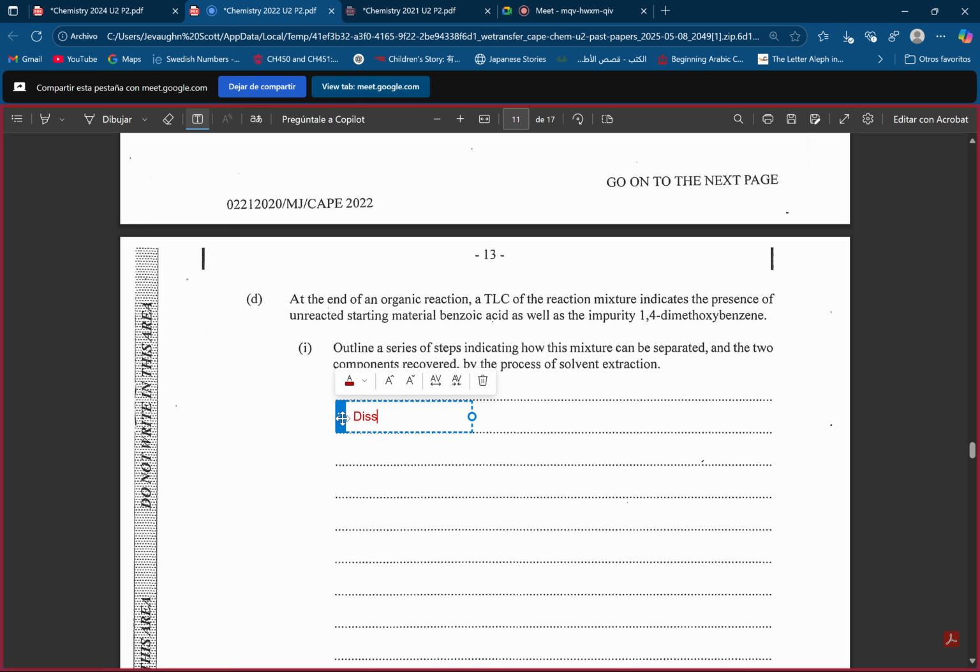So the first thing we do is dissolve the mixture in an organic solvent. And a good organic solvent would be what? Dichloromethane. Next thing that we can do, we can extract the benzoic acid with aqueous sodium hydroxide.